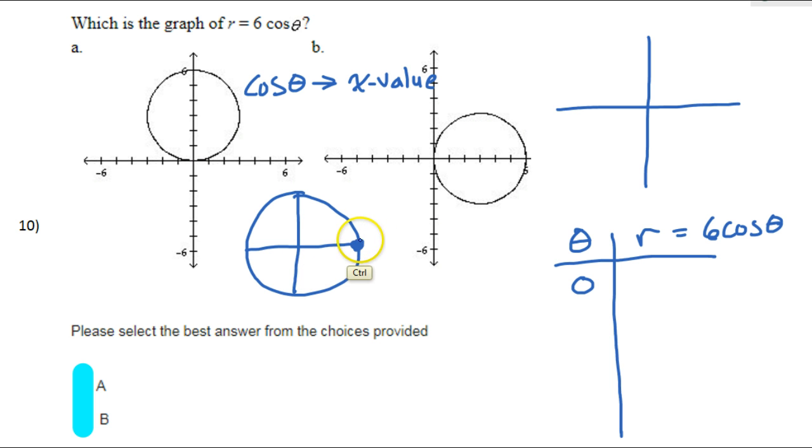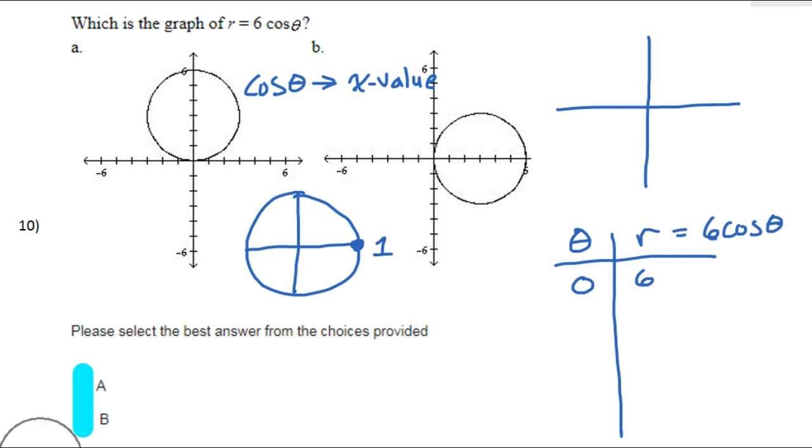Well, this is the point 1 comma 0, so the x value is 1. So the cosine here is 1. So what is r going to be? Well, r is 6 times cosine. That's 6 times 1. So this r value will be 6.